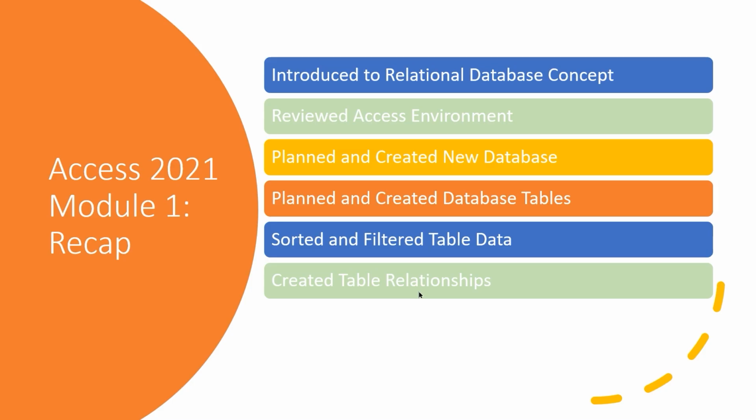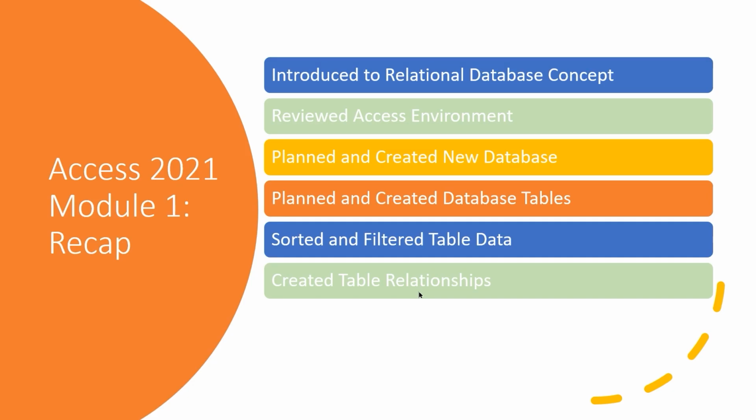Along the way, we reviewed the Access environment, and it gave you an introduction to the concepts of a relational database. After that, we talked about how important planning is before creating a new database, and then we created a database from a blank template.